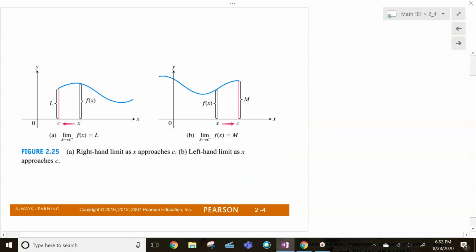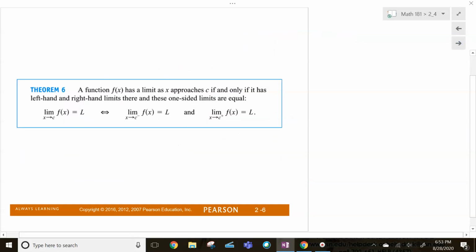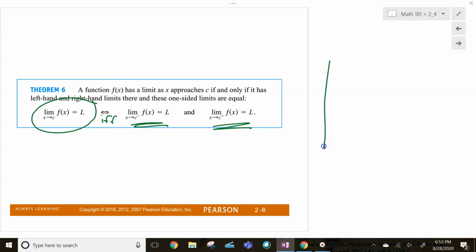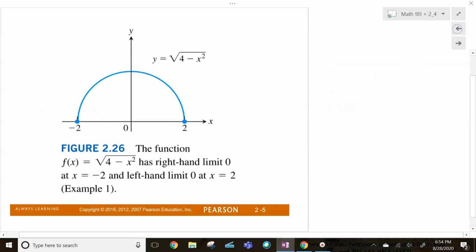So, in fact, let me skip to this right here. We only have an overall limit as x approaches c if and only if the left-hand and the right-hand limits agree, right? In other words, they're going to the same spot, then sure you have a limit, but the left-hand and the right-hand limits have to agree.